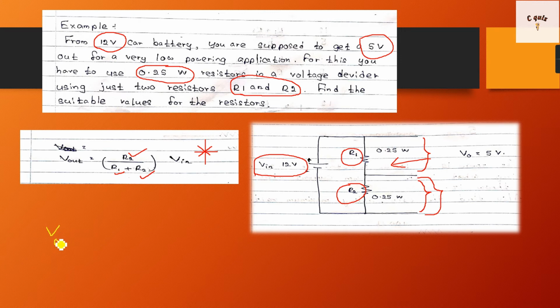V out equals R1 divided by R1 plus R2 multiplied by the voltage in.